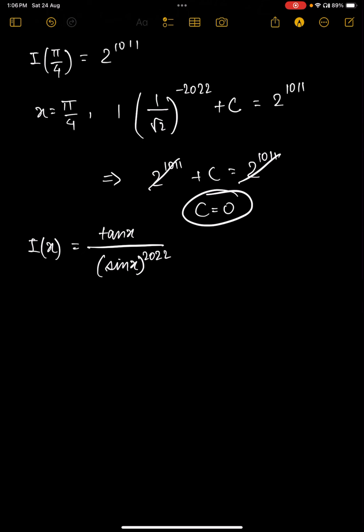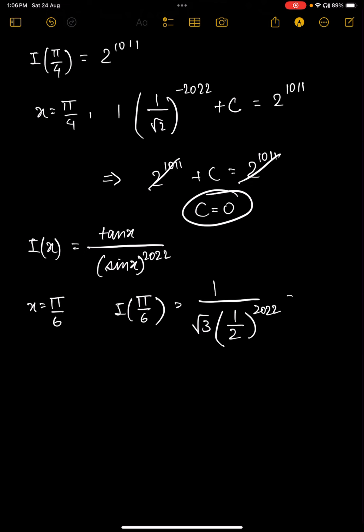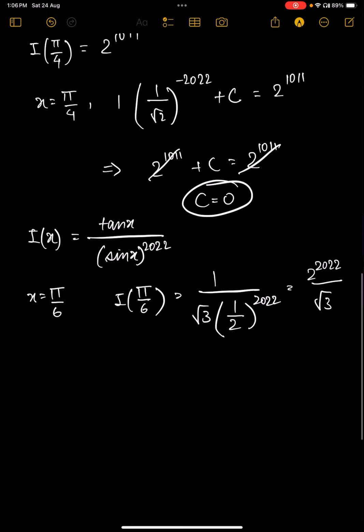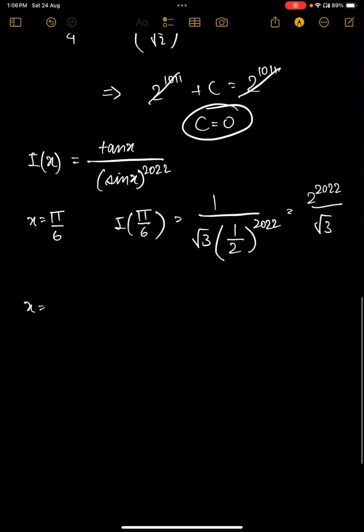So what we are going to do is first put x is equal to pi by 6. So I of pi by 6 is equal to 1 by root 3, and here we have 2 to the power 2022, so it is 2 to the power 2022 by root 3. Correct? And then x is equal to pi by 3.